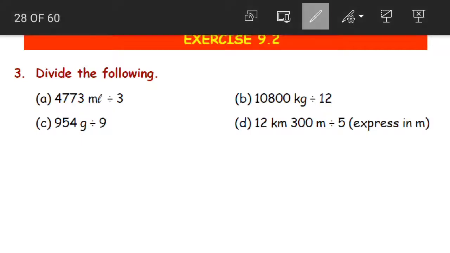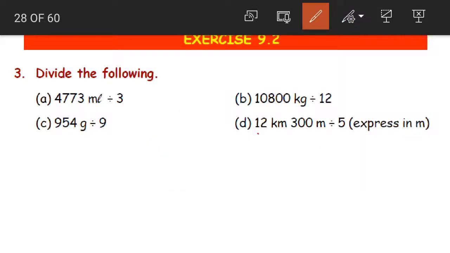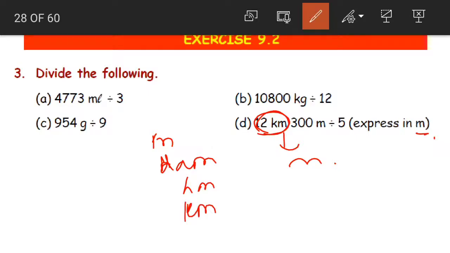Now if you look at question number D, here we have both kilometers and meters, and we have to express the answer in meters. So what should we do? We have to convert kilometers into meters. How do we convert? Meters, decameters, hectometers and kilometers. So kilometers to meters, a higher unit converted into a lower unit, that means we need to multiply. 1, 2, 3 jumps.